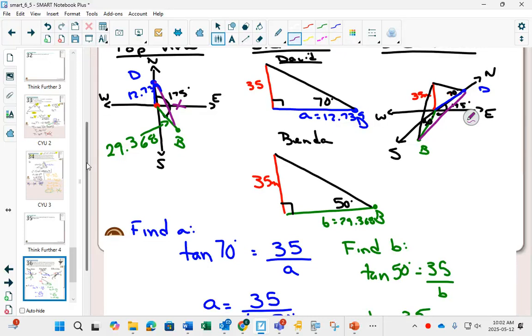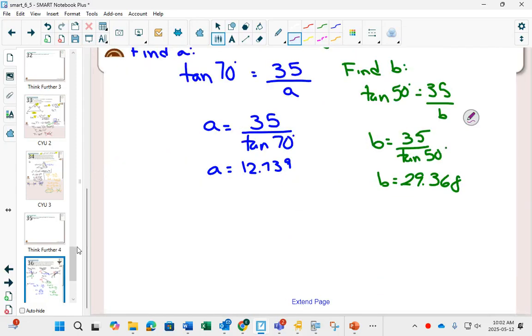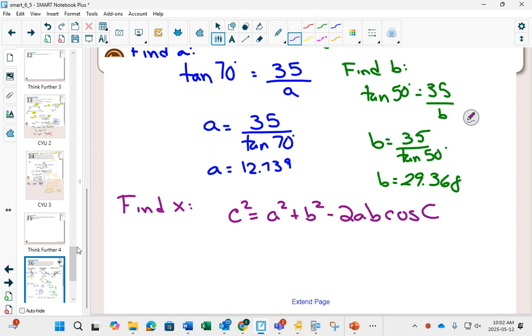So now to find x, we have to use our cosine law. And again, I'll write the formula from your formula sheet. But again, on the formula sheet, we're using x, and we're using A and B. We don't have C on our formula sheet.